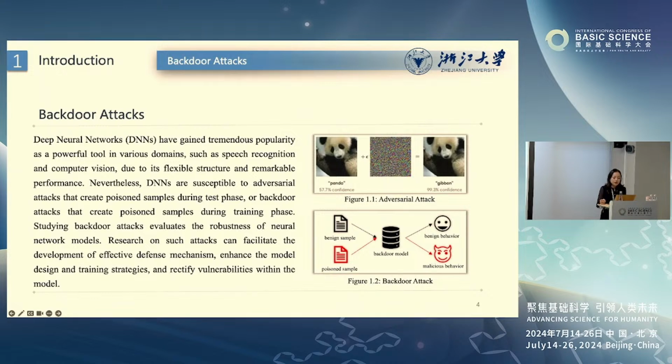During the starting backdoor attacks is research on it, mechanics and the research.